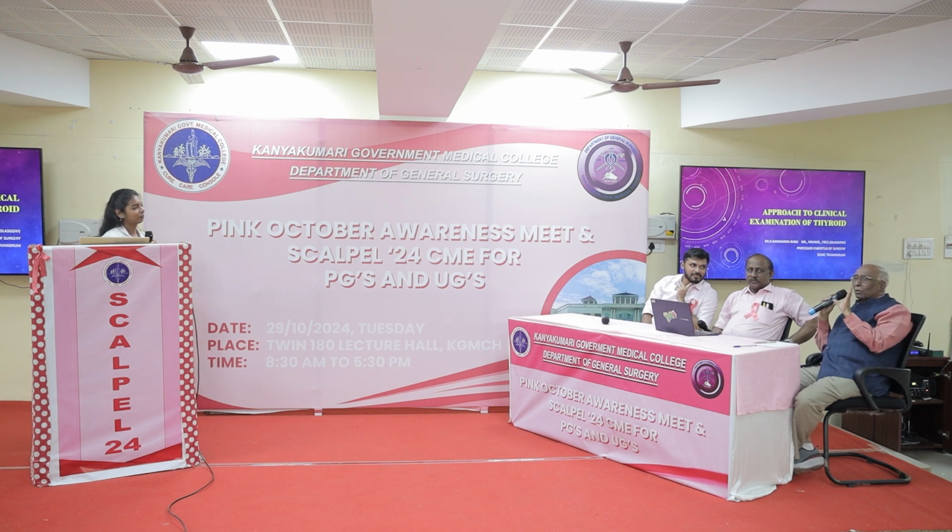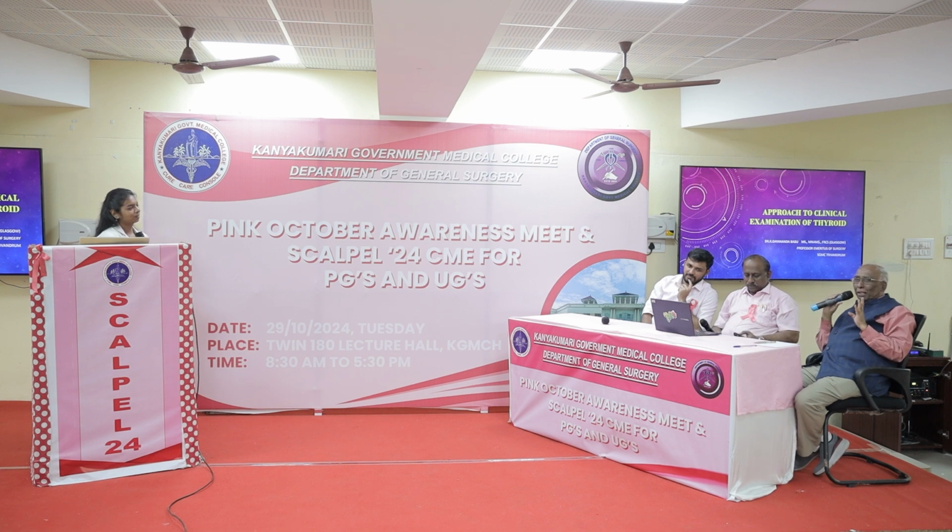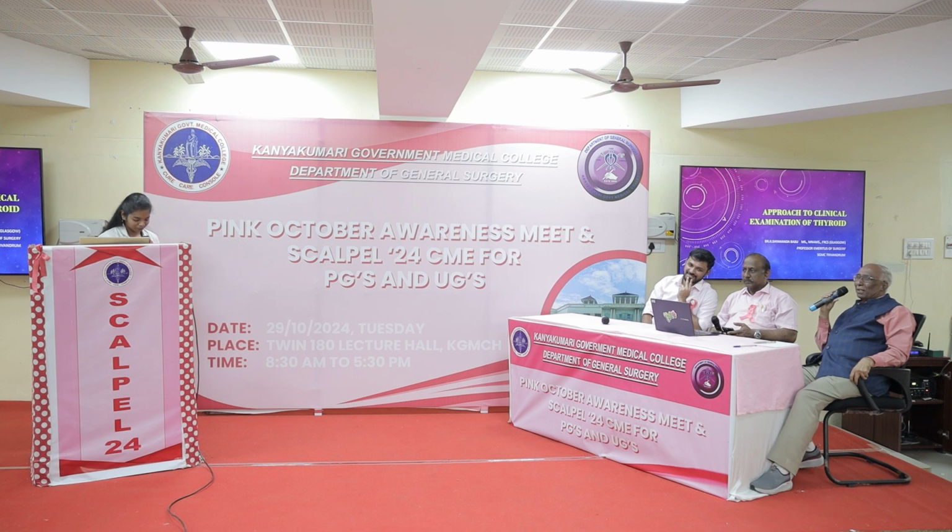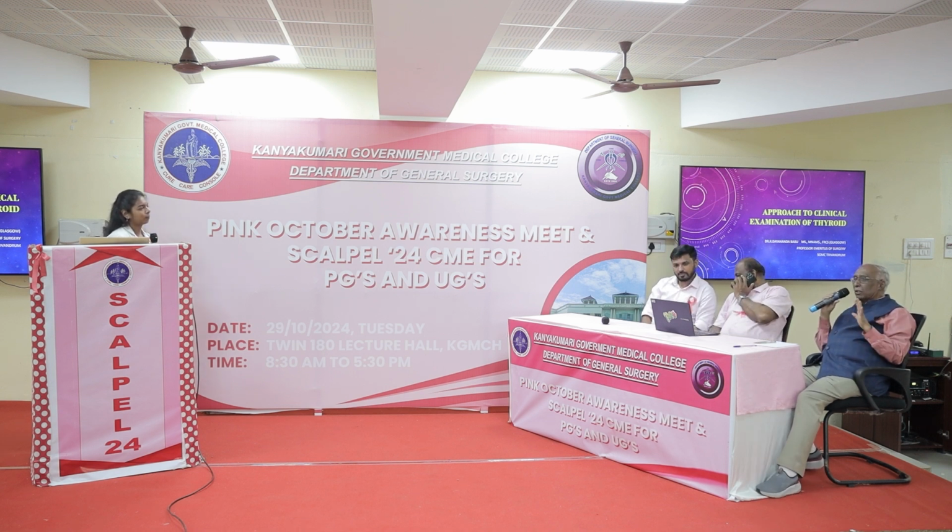Okay, so hypoechoic nodule is one. That means your teachers are good. You are being well trained by your teachers. So, hypoechoic plus four things. Hypoechoic is suggestive of malignancy. Four things: one is microcalcification, which you mentioned.